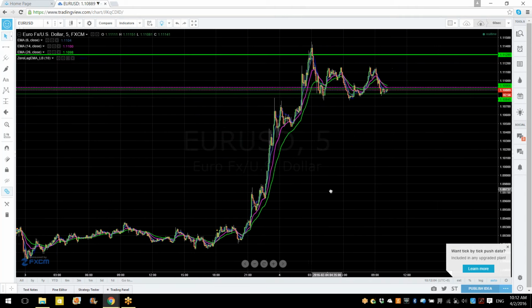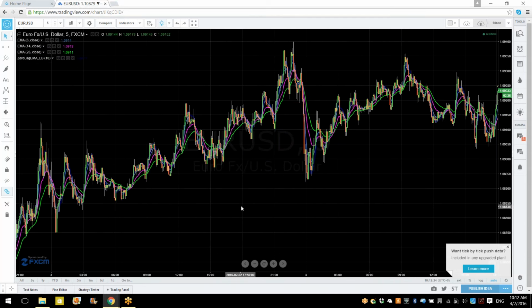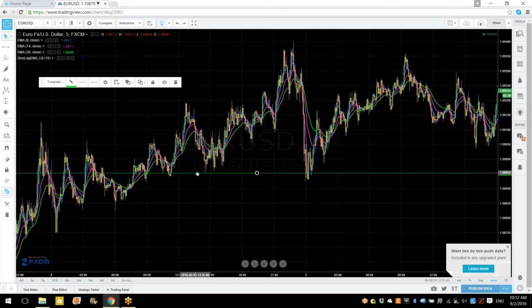And then what you can do is, this is not a good example to follow the support and resistance strategy. Why? Because if you see, the market has been trending from the 4th, which was yesterday. It has been trending a lot. But if I go here, this will tell you that this particular chart had a very good, strong support and resistance zone.